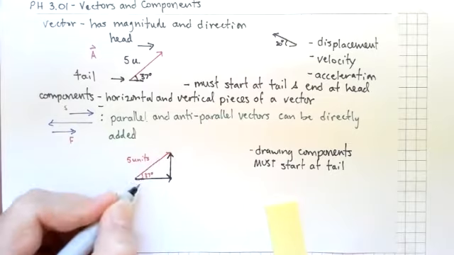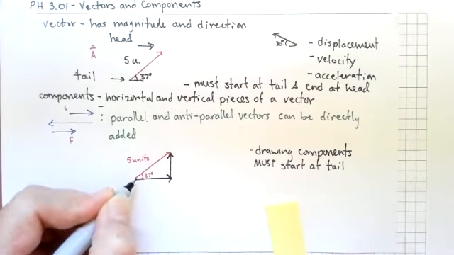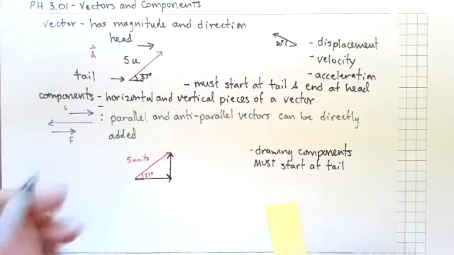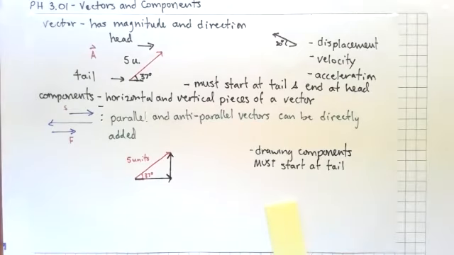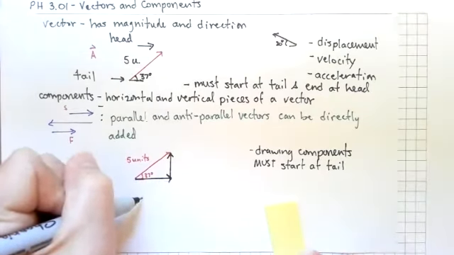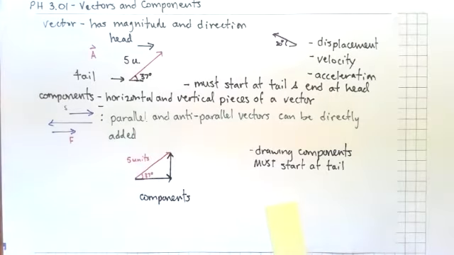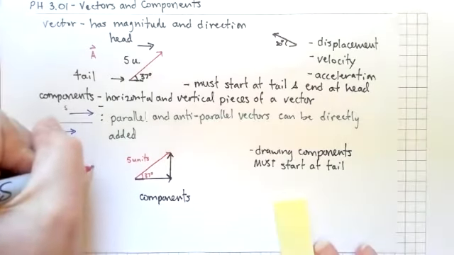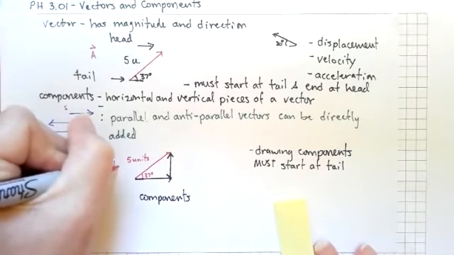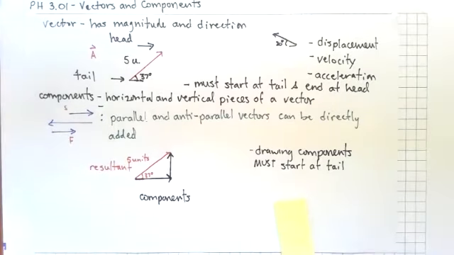The cumulative vector is called the resultant vector. So these are components. In black, I have components. And the one that I was working on is called my resultant. In a math class, we might call it a sum.